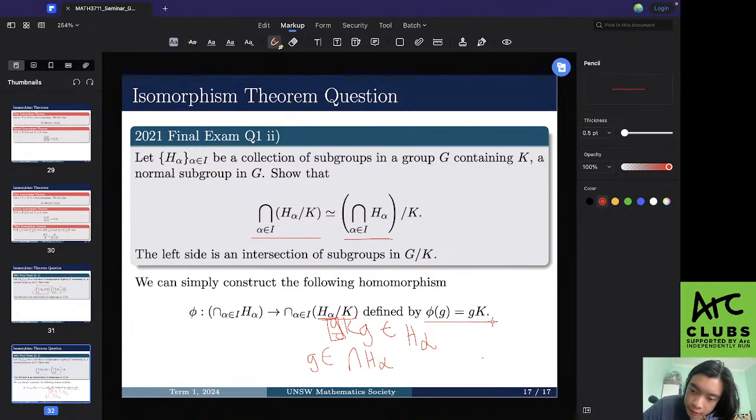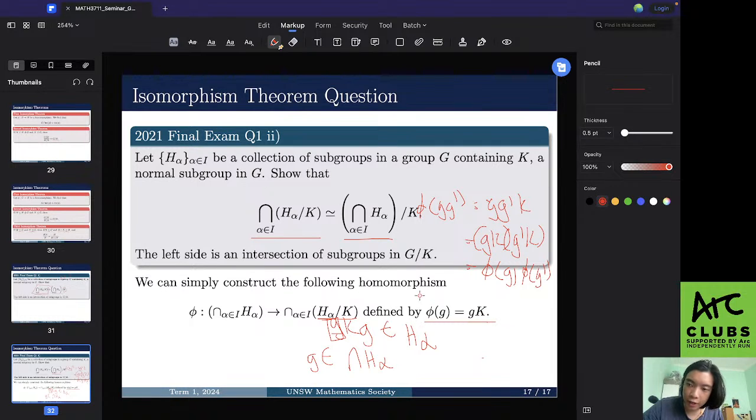The next thing you might notice is, hey, we need to prove that this is a homomorphism. Hopefully that's pretty clear to you. Pretty much you just have phi of g g' being equal to gg'K, and that's equal to gK times g'K, which is just phi of g times phi of g', right?